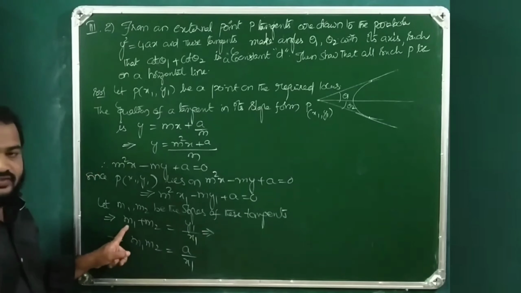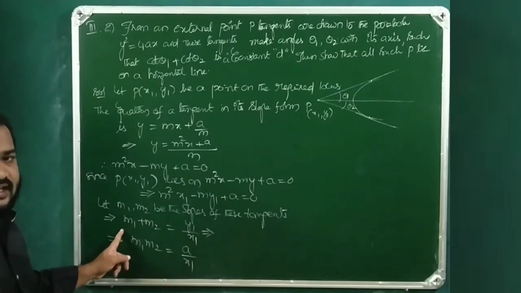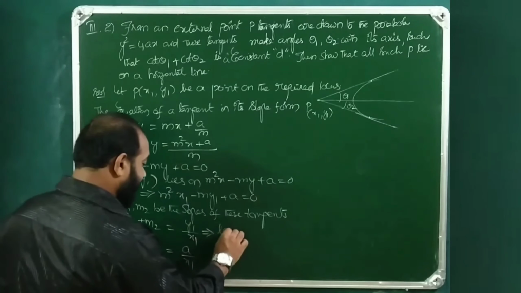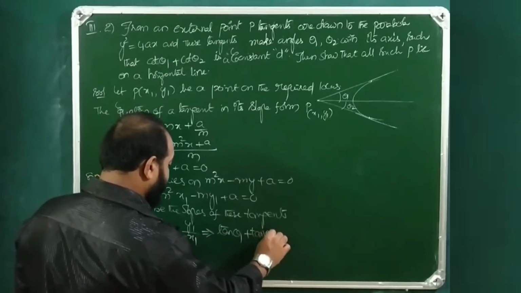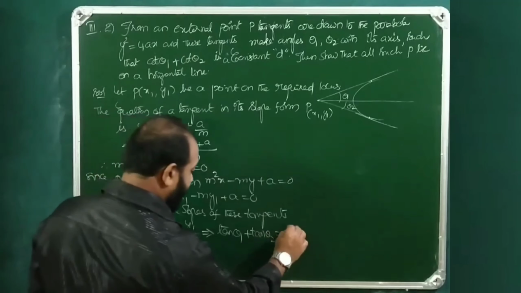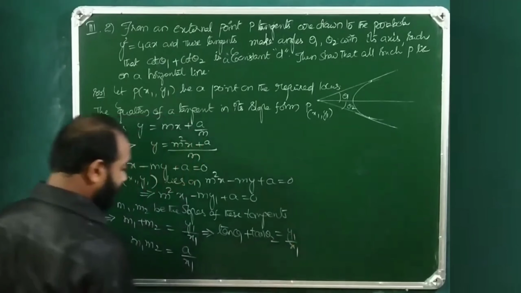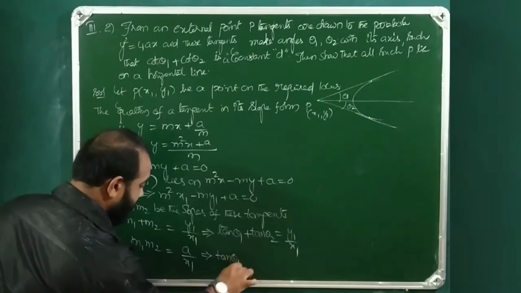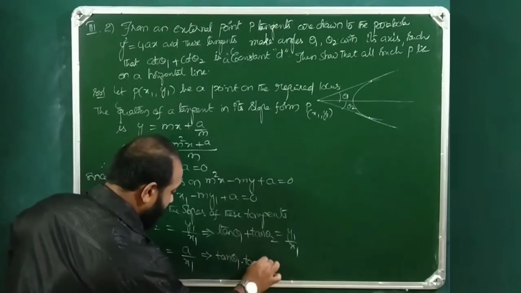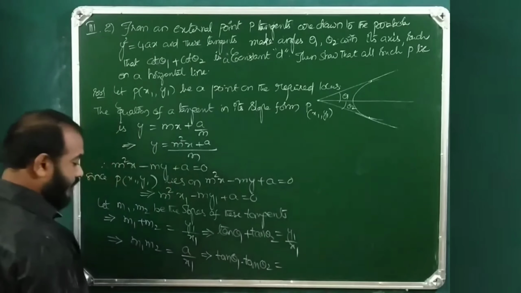So here, slope is tan of inclination: tan theta 1 + tan theta 2 = y1 by x1, and tan theta 1 into tan theta 2 = a by x1.